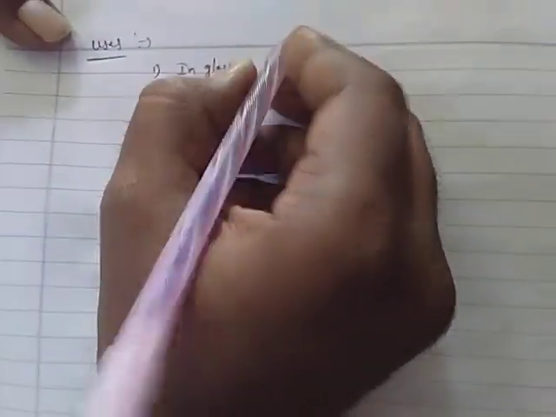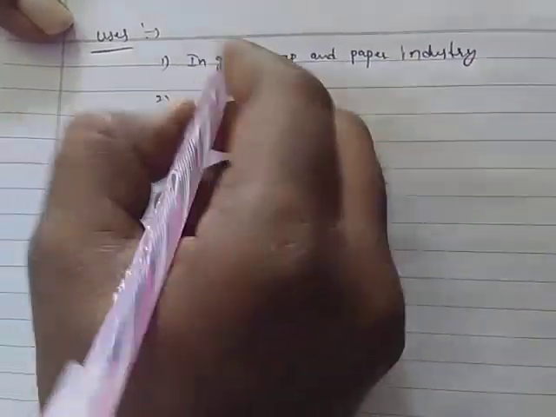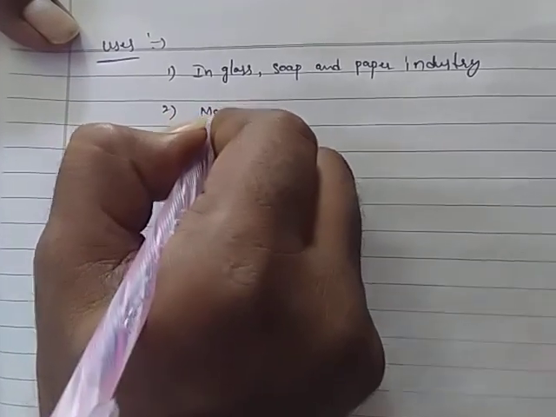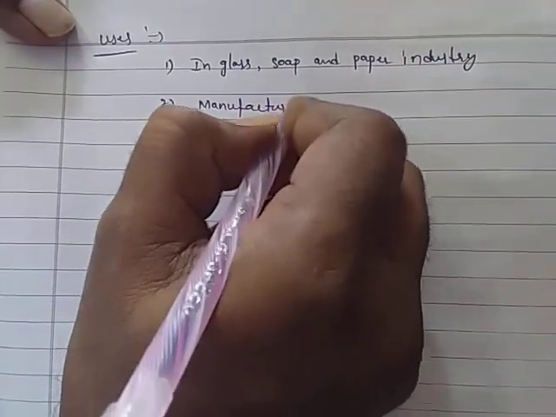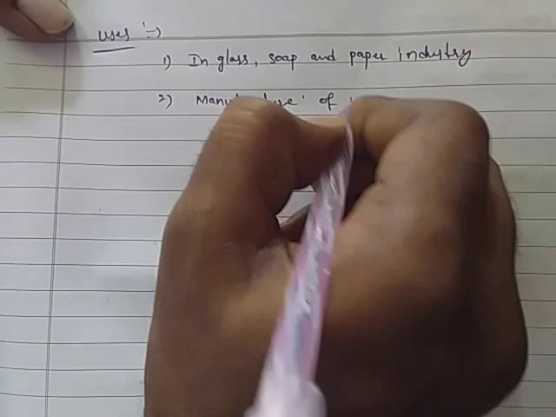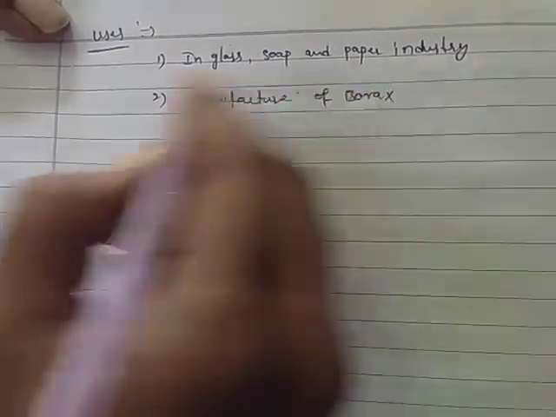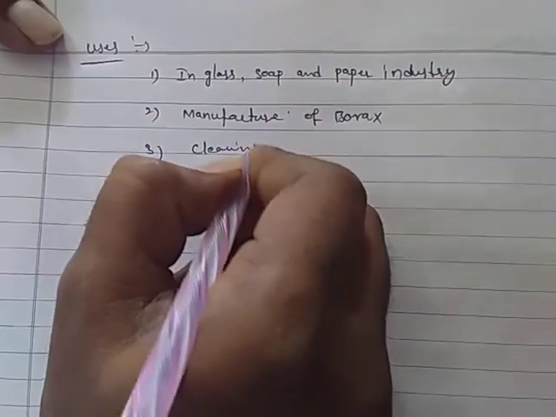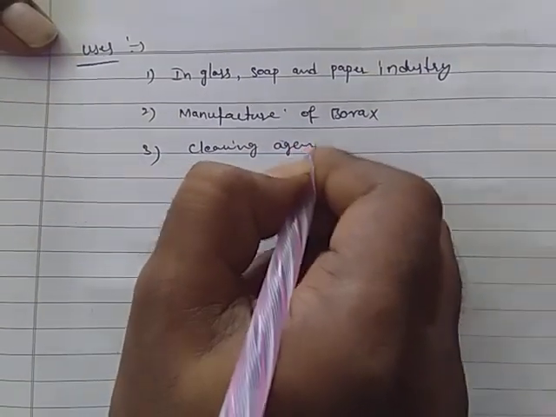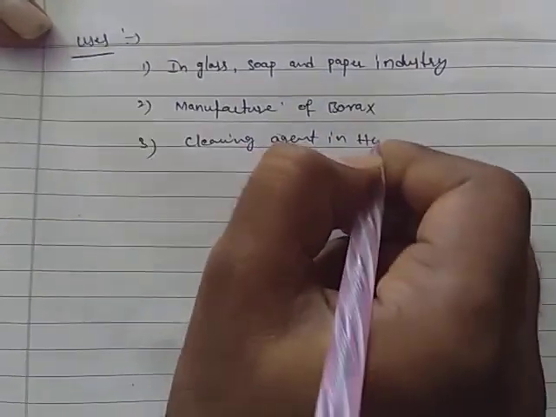First one is glass, soap and paper industry. Second one, manufacture of borax. Third, cleaning agent in houses.